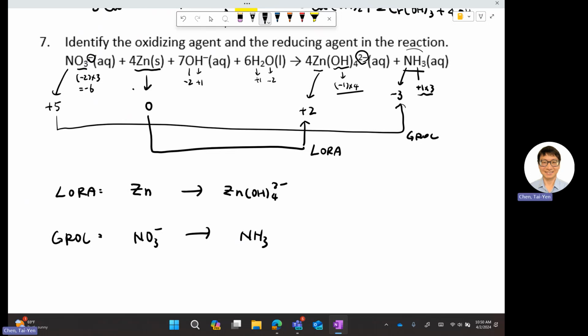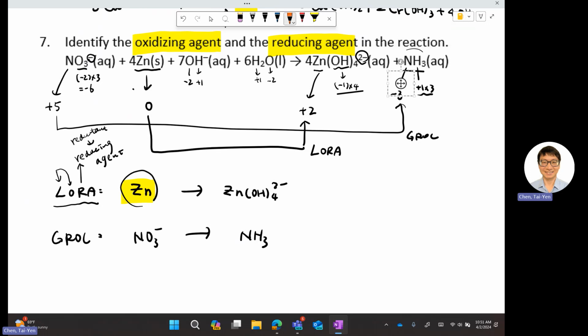Okay, so then we want to know who is the oxidizing agent and who is the reducing agent. What LEO stands for is the species losing electrons. It undergoes an oxidation reaction, and it serves as a reductant. The other name for reductant is reducing agent. Therefore we know zinc will be your reducing agent.